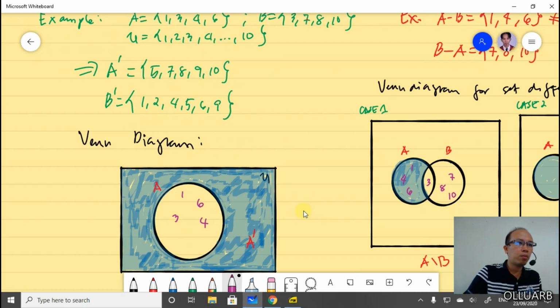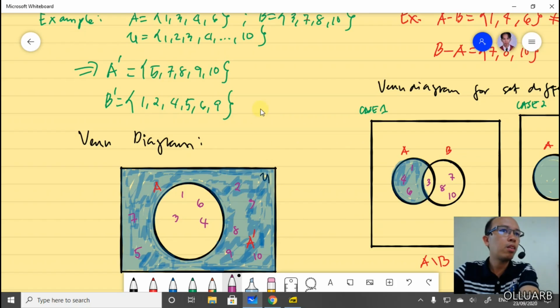So if you are going to write the elements of the set U, we have 1, 2, 3, 4, 5, 6, 7, 8, 9, and 10. Okay, so notice in the A prime, these elements, 5. Okay, I think this is the complement.